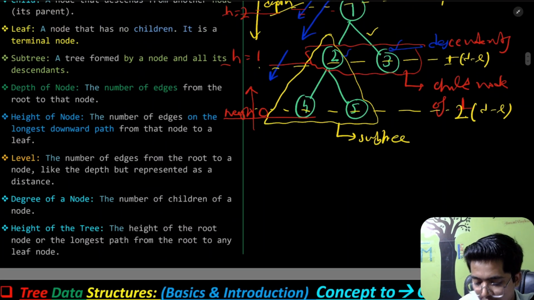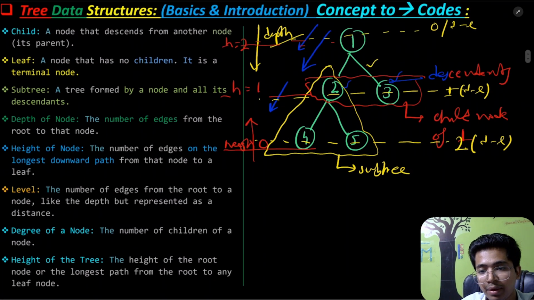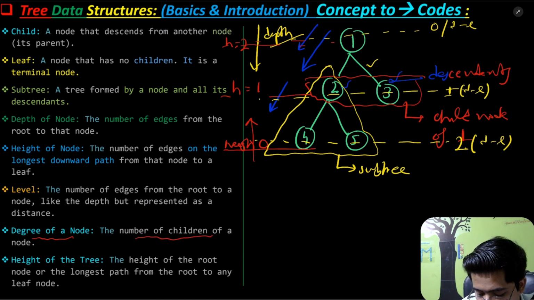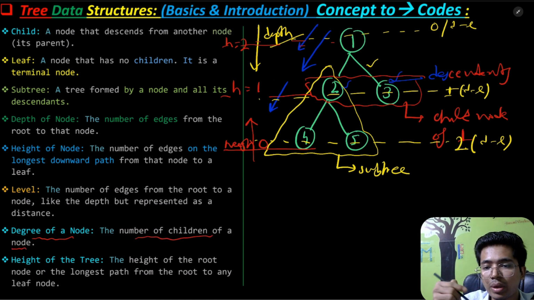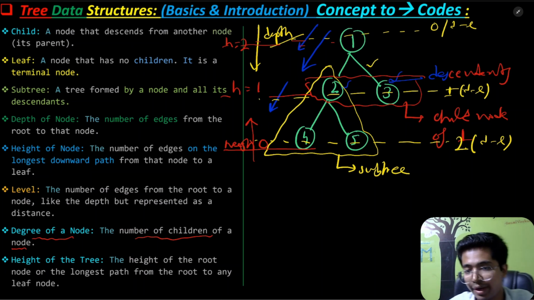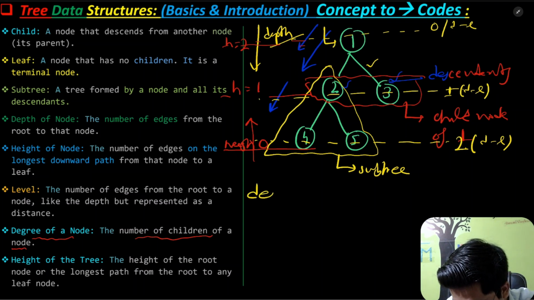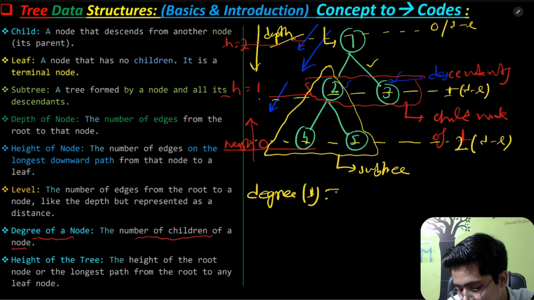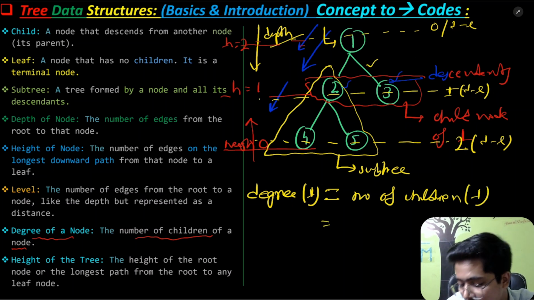Now the degree of a node. The degree of a node is one more important term in trees. It is the number of children of a node. So the degree of 1, the root node, equals the number of children of 1. How many children?